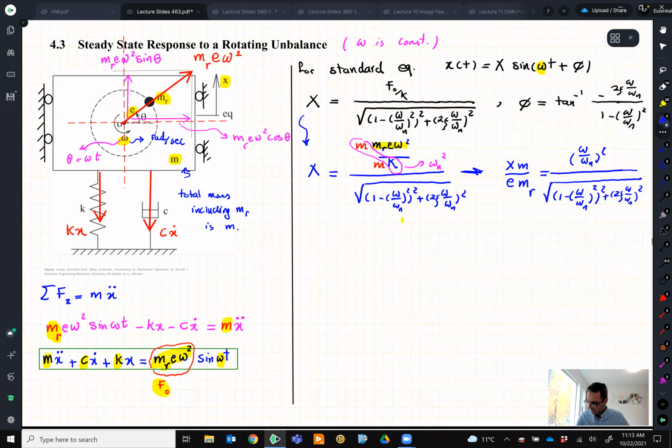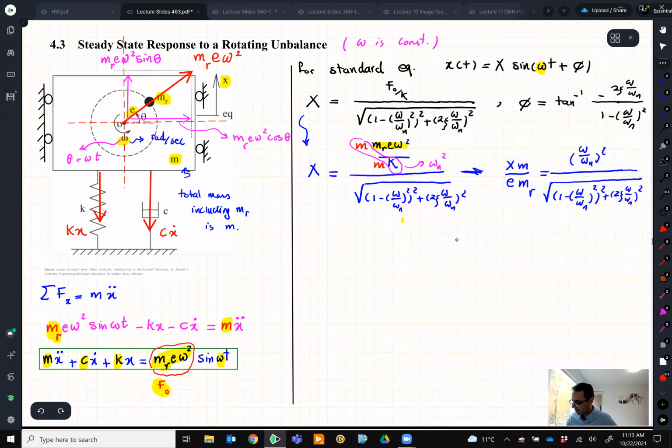So let's stop here, take a moment and see if I haven't made any calculation mistake. This is m over k, which gives me omega n squared. So over here, I wish to have omega over omega n. So I move everything to the left side. So mr multiplied by e, I have it over here. So that's correct. I have an extra m over there, which comes down over here.